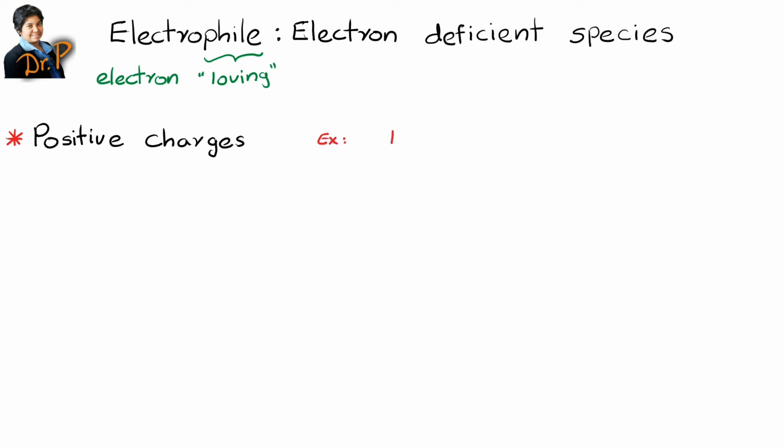For example, I'm taking the H plus ion. So a cation can be called an electrophile. I'm taking another example. Now this one is a carbocation. Why? You can see this positive charge on a carbon.